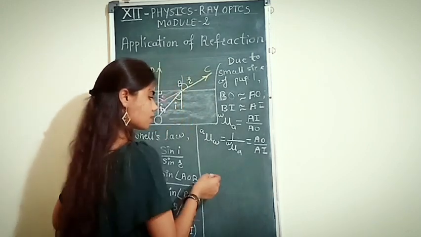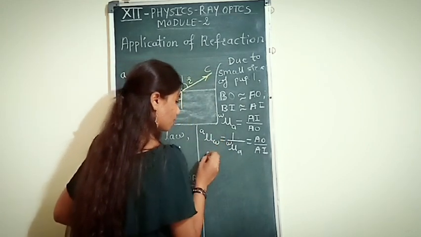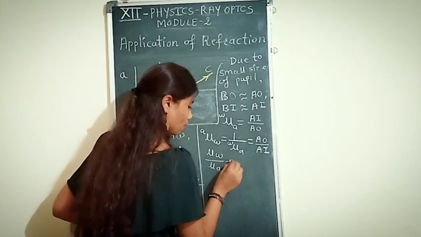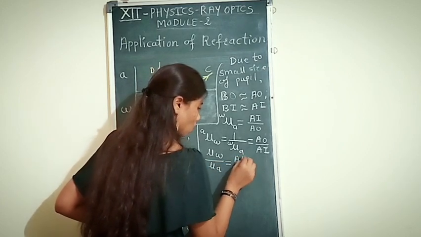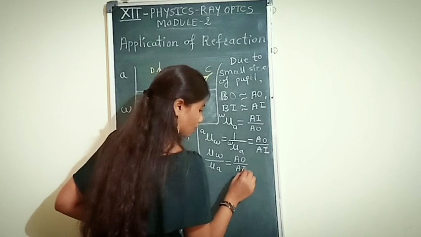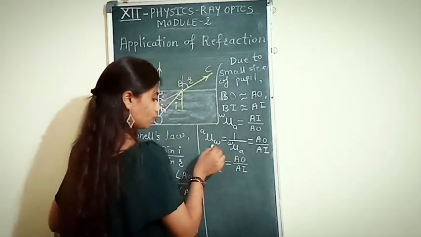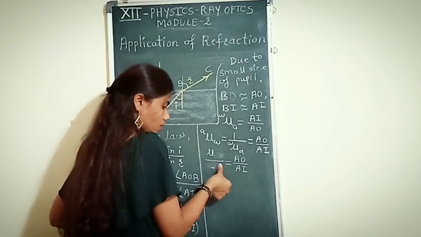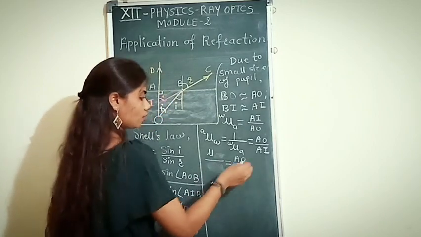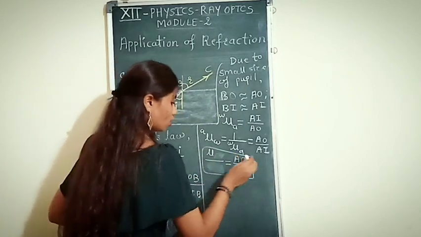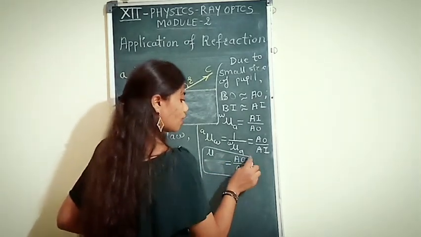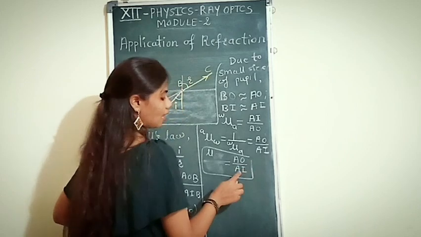Suppose this term is written as the refractive index of water upon the refractive index of air, meaning we get AO upon AI. If the refractive index for water is mu and the refractive index for air is 1, we get this relation. Mu, the refractive index, is the ratio of real depth upon apparent depth.